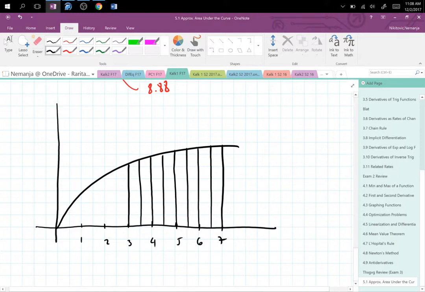Now, I'm going to draw on the first one, the right-hand sum for the old case. You see? That's the old case.